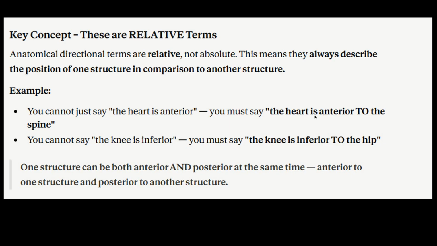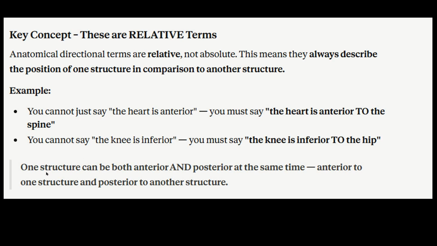Once you say this entire statement, it is quite clear where the heart is located and where the spine is located. Clear? Similarly, you cannot say the knee is inferior. Instead, you must say the knee is inferior to the hip. Again, here we can clearly understand the exact location of both structures, and that is why we are saying that it is a relative term.